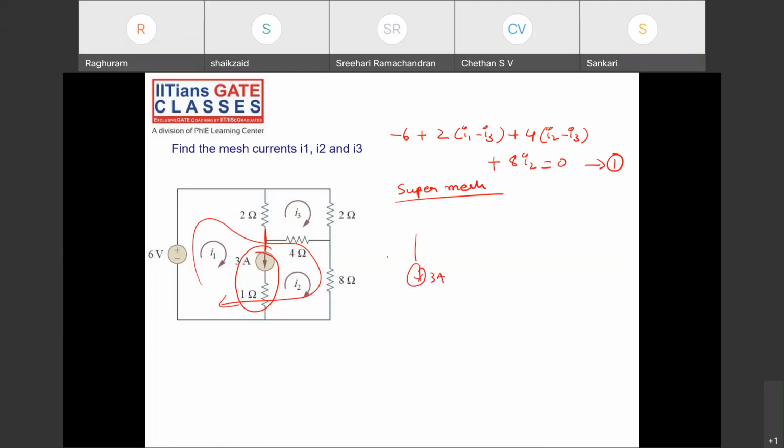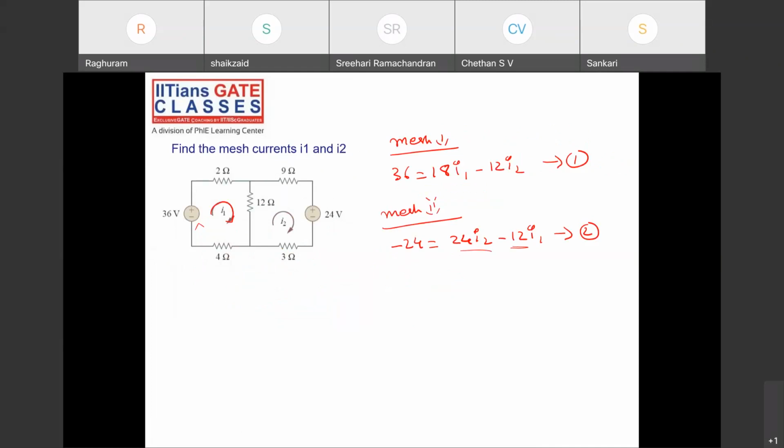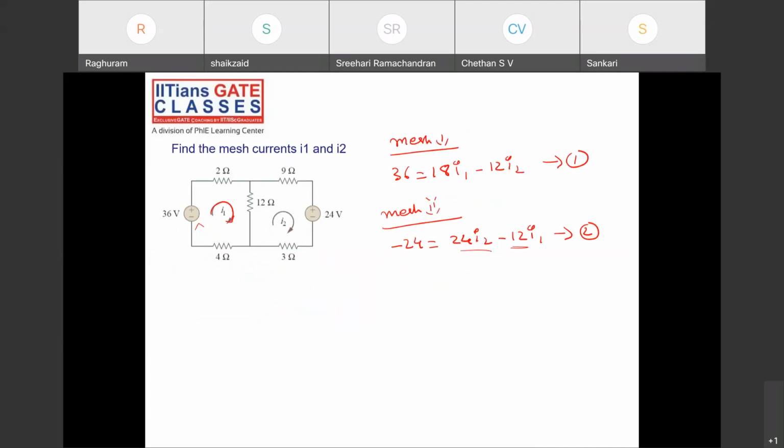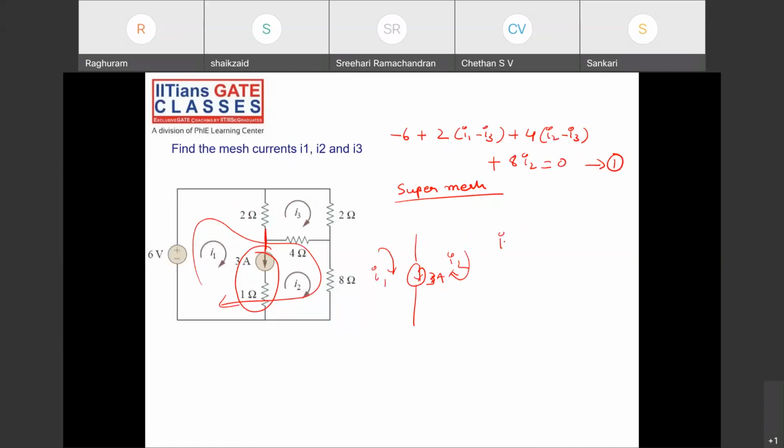The current here is I1, and the current here is I2. Now tell me what is the super mesh equation? I1 minus I2 equals 3. Yes, I1 minus I2 is equal to 3 amps is the super mesh equation.